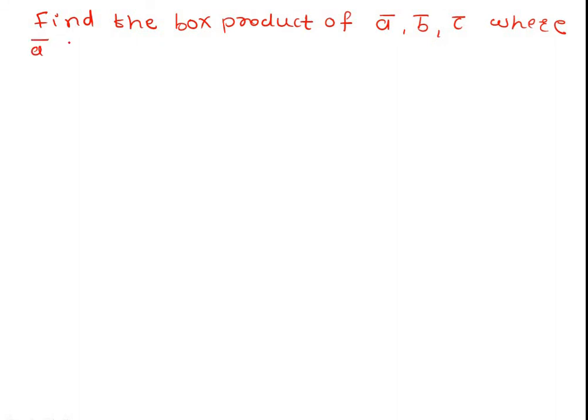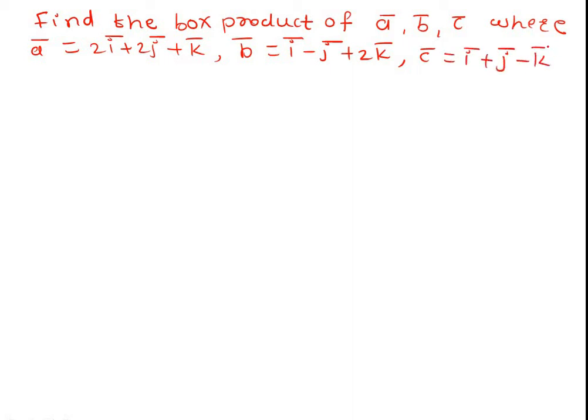Find the box product of A bar, B bar and C bar, where A bar is equal to 2i bar plus 2j bar plus k bar, B bar is equal to i bar minus j bar plus 2k bar, and C bar is equal to i bar plus j bar minus k bar.